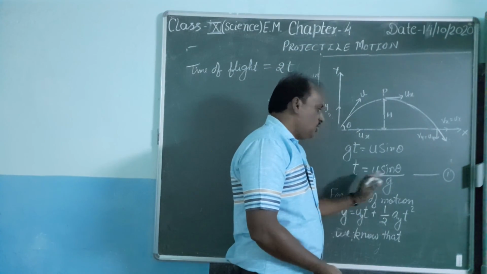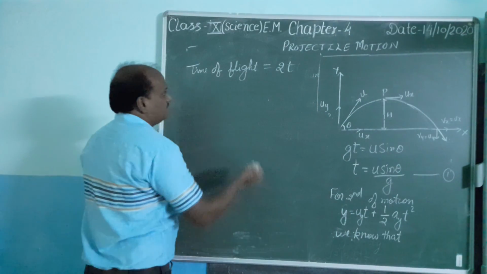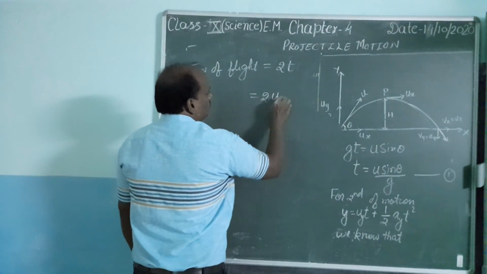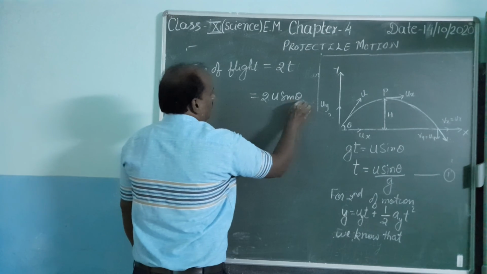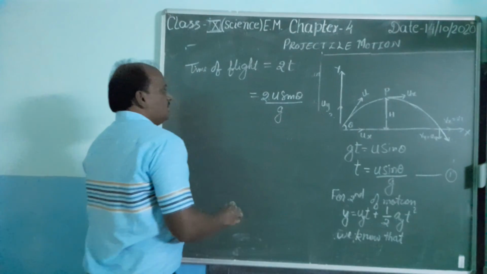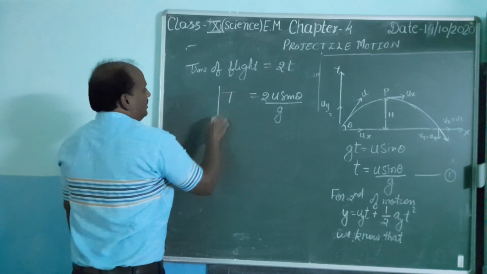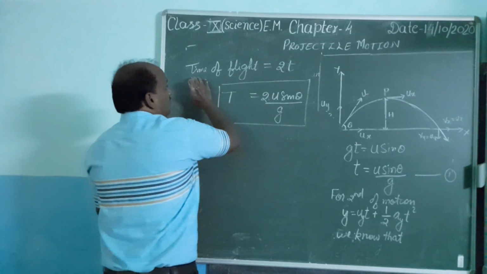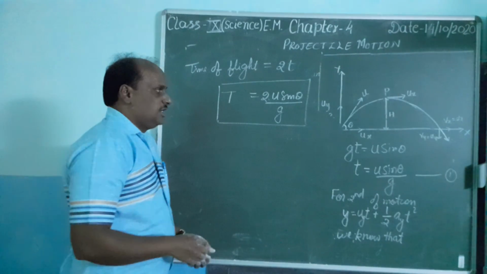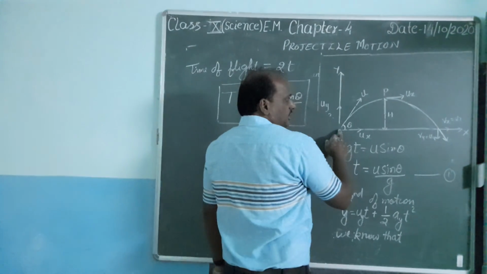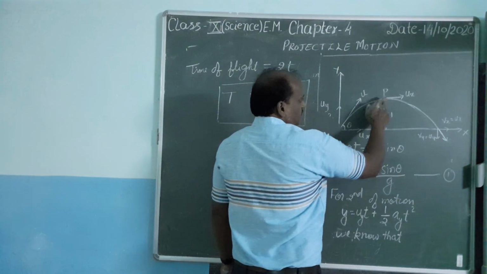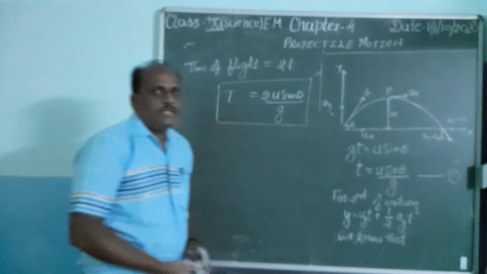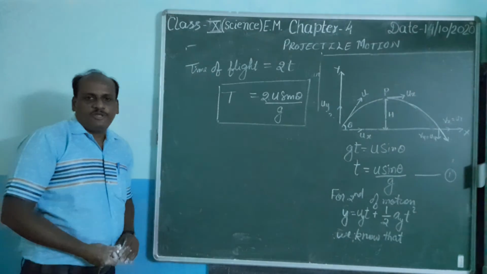So we put this value, and this is the formula for time of flight, meaning the time taken by an object to reach the maximum point and from there to the ground. Okay, thank you.